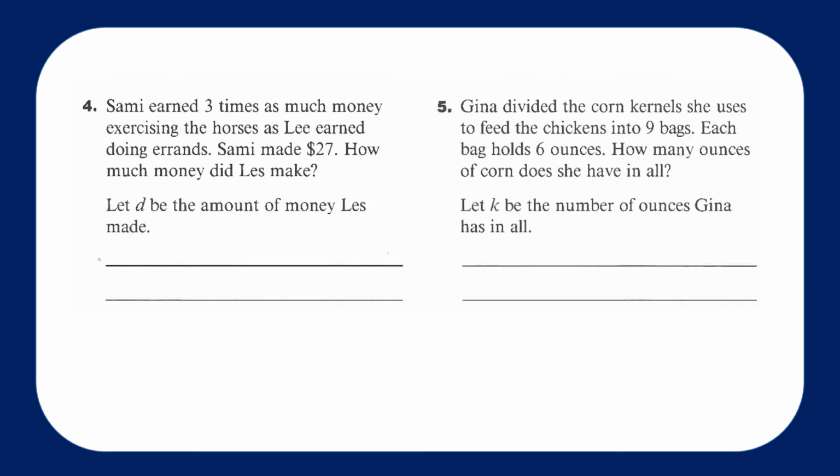Question number 4. Sammy earned 3 times as much money exercising the horses as Lee earned doing errands. Sammy made $27. How much money did Lee make? Let D be the amount of money Lee made. So Sammy earned 3 times as much money exercising the horses as Lee earned doing errands.